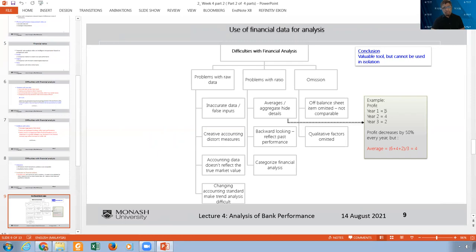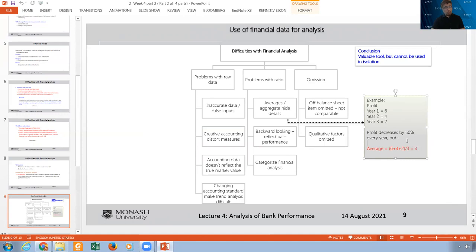If you make a profit of 6 in the first year and drop to 4 in the second year, drop to 2 in the third year, you can average now, and you can say the average profit during the last 3 years was 6 plus 4 plus 2, divided by 3, it's actually 4.